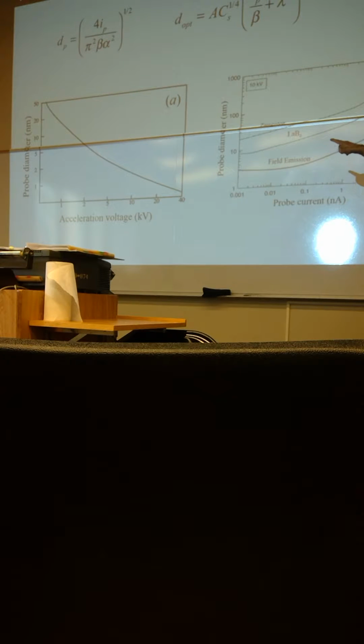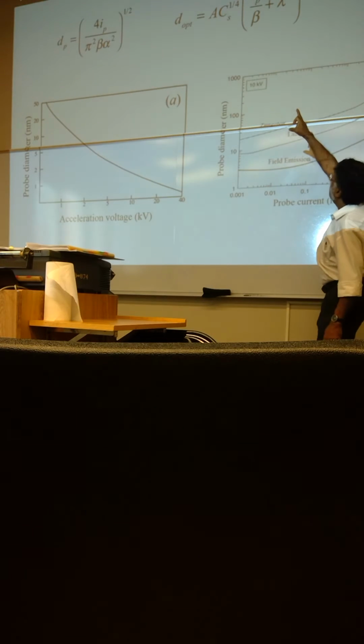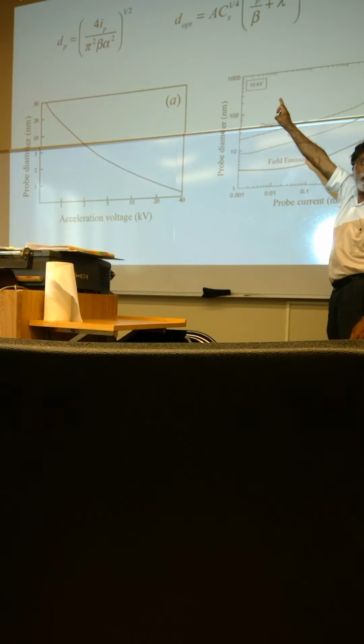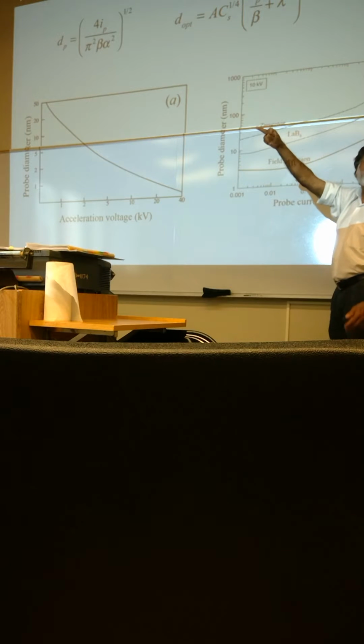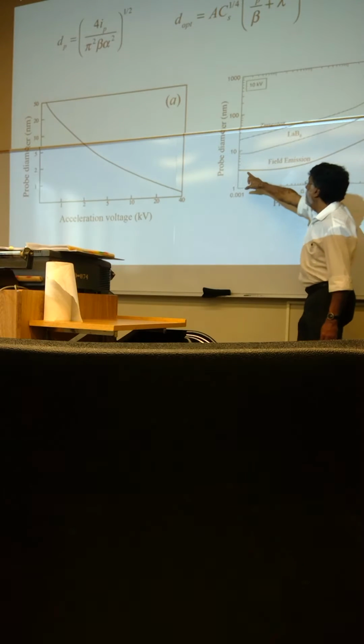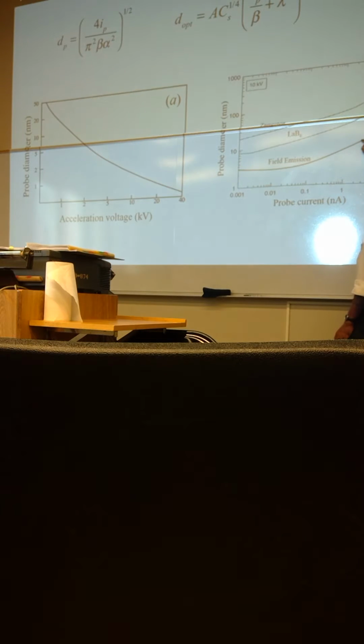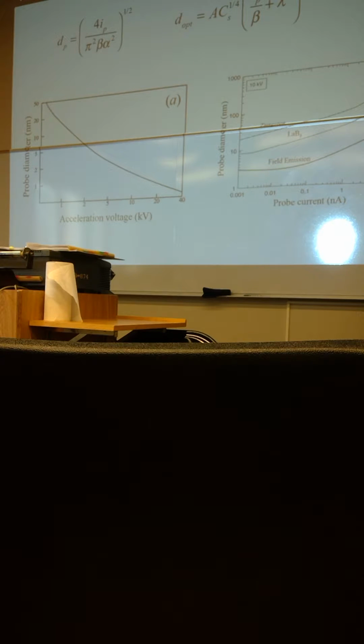So you can see the probe diameter and the probe current now. There's a current as well. And you can see as the current increases in the probe, the diameter of the probe becomes larger. That's that expression there. This is of course the first one where lambda is affected.